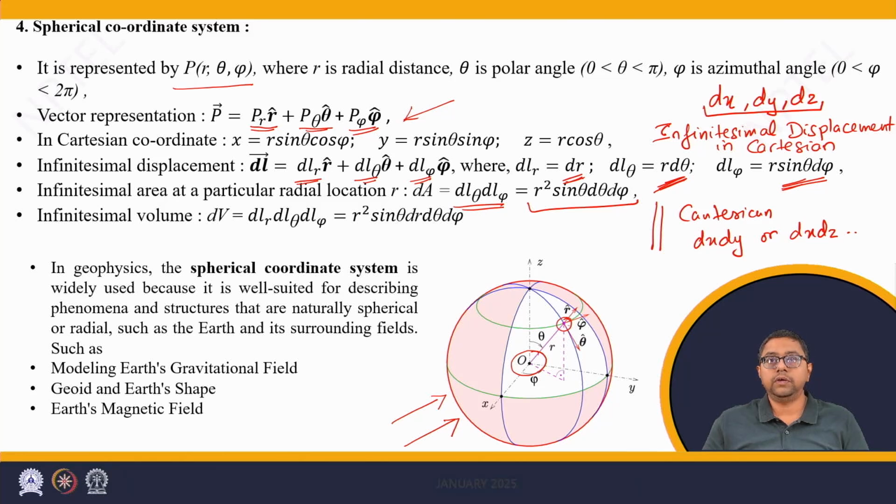So it can be understood that the spherical coordinate system takes care of the changes in the spherical surfaces as one moves from the origin of the spherical coordinate system.